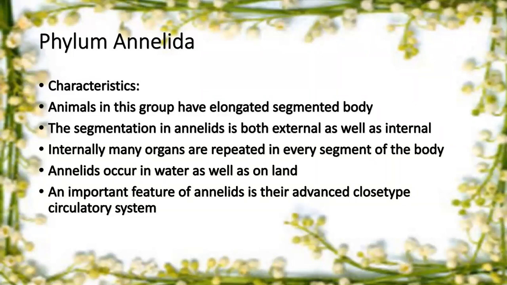Annelids occur in water as well as on land. An important feature of annelids is their advanced closed type of body system. They have a well developed organ system in their bodies.